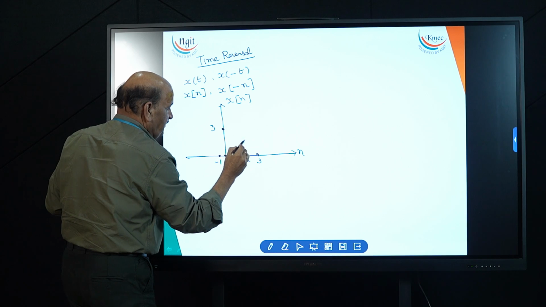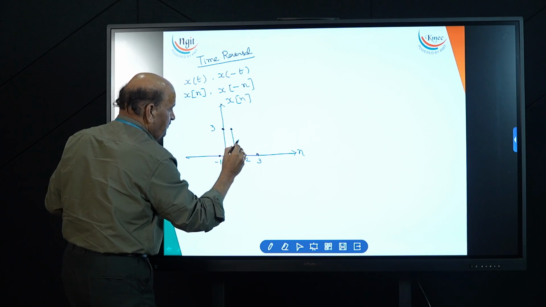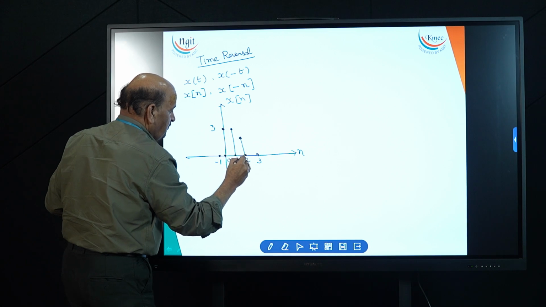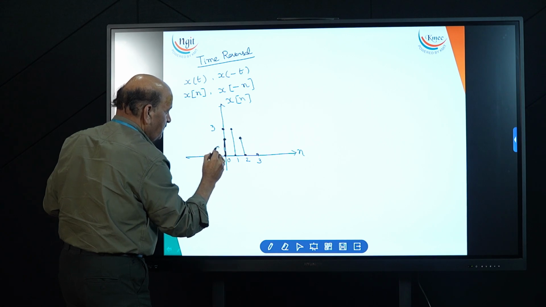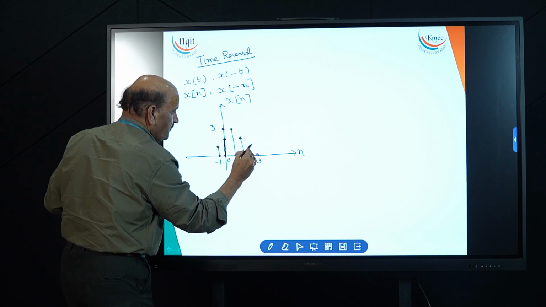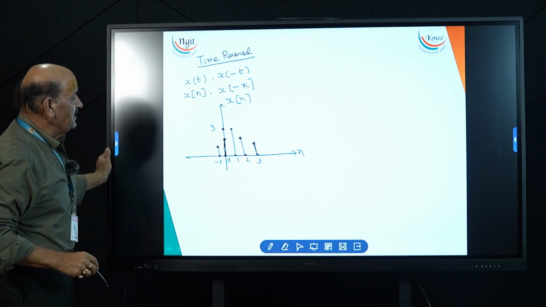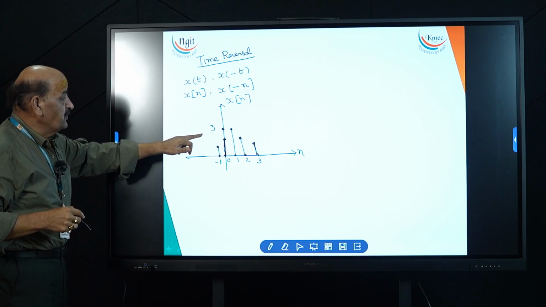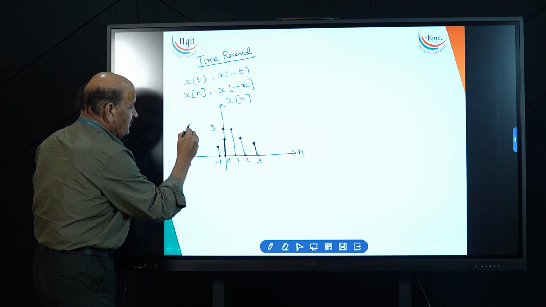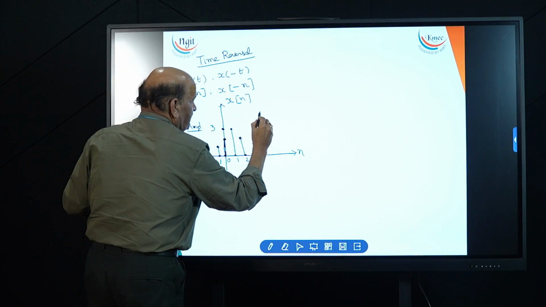So the graph is like this. Now just look at, this is the signal of x of n. Amplitude 3.